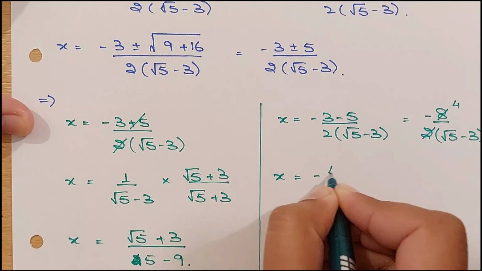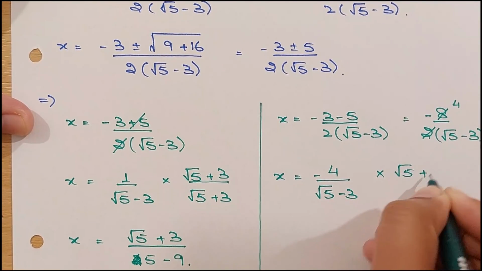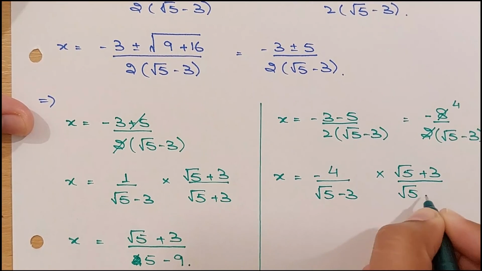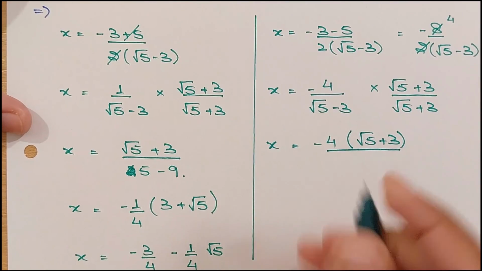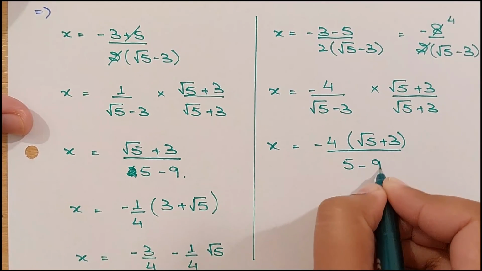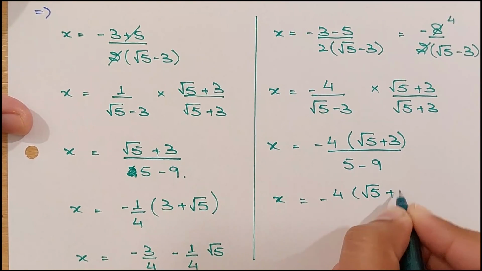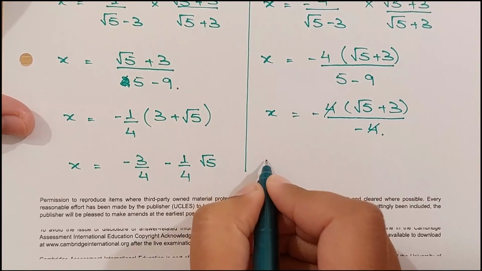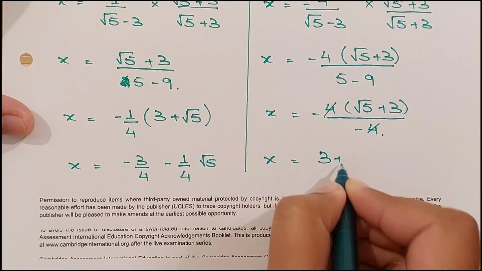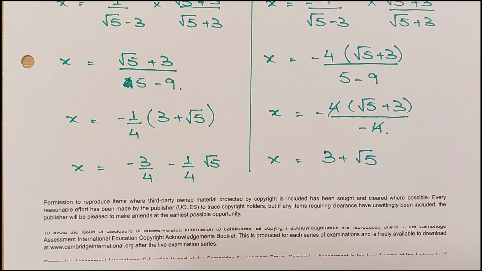So x is equal to minus 4 divided by square root of 5 minus 3, times square root of 5 plus 3 divided by square root of 5 plus 3. x is equal to minus 4 times square root of 5 plus 3 divided by, again, square root of 5 times square root of 5 is just 5, minus 3 squared is 9, so we have negative 4. So x is equal to minus 4 times square root of 5 plus 3 divided by negative 4, right? We can cancel the negative 4 with the negative 4, so x is equal to 3 plus square root of 5, in the form of a plus b square root of 5. So these are the two solutions, and a and b are the constants.